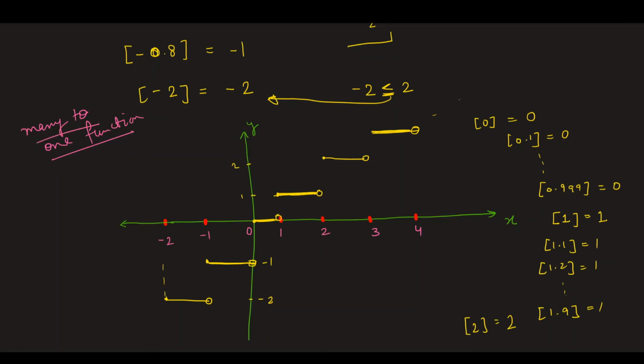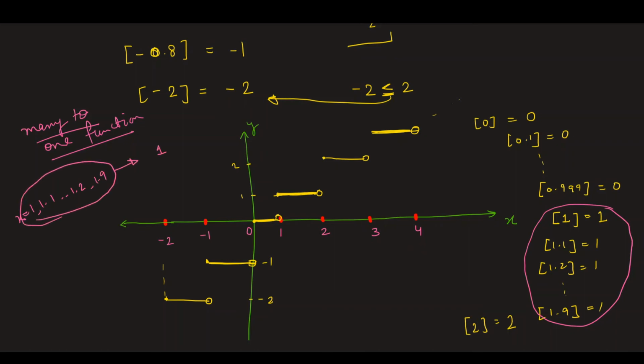It means that, take this case, for every value of x equal to 1 or 1.1 or 1.2, up to 1.9, the answer is only 1. So for many values the answer is 1, hence it is a many to one function.